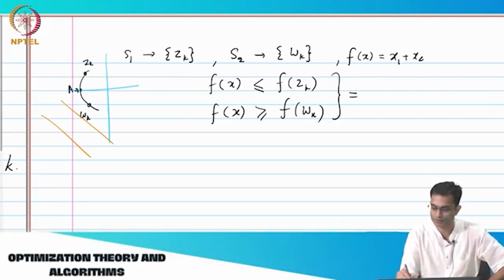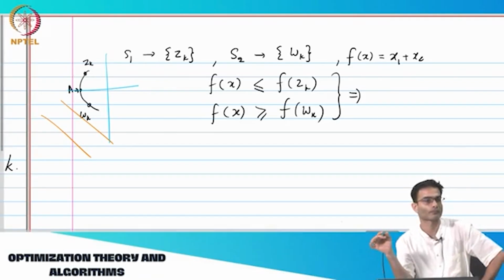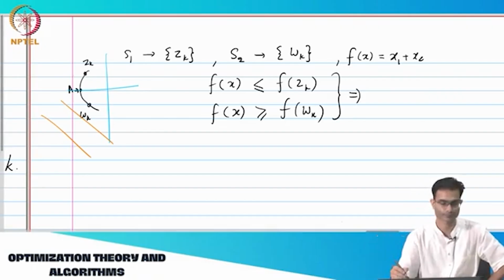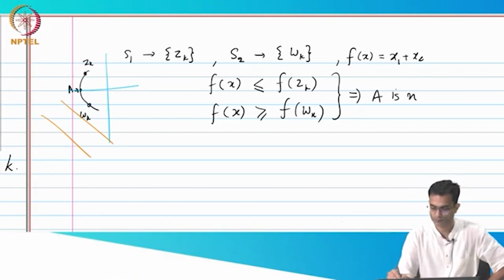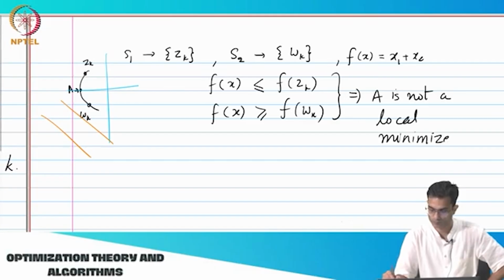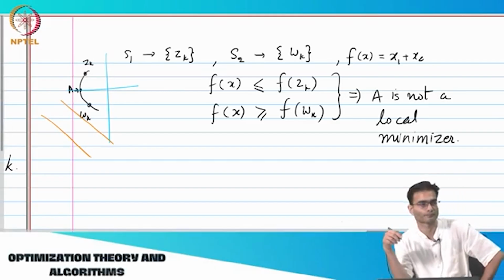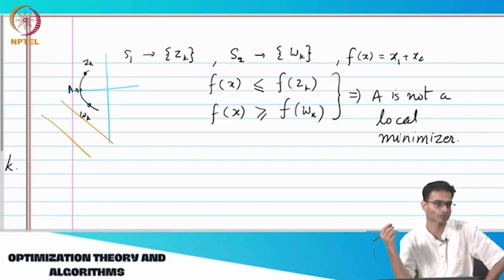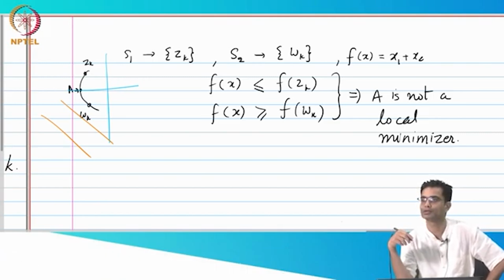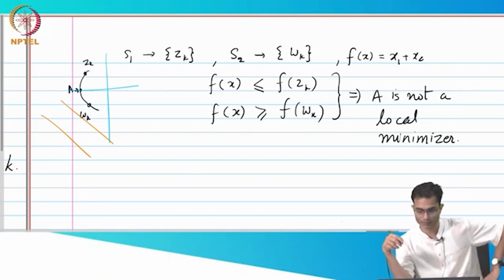So this together implies what? A is not a local minimizer. That's quite straightforward, and it's a non-calculus way of arriving at a local minimizer.